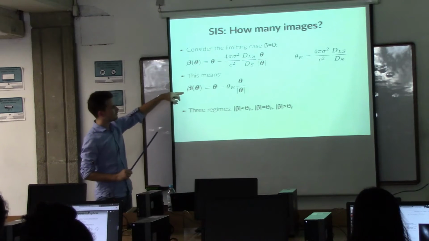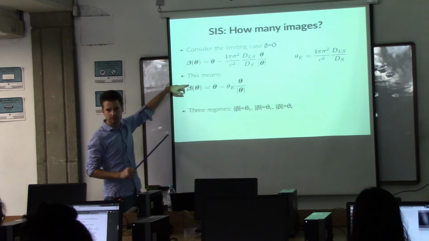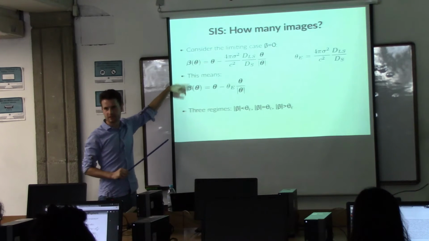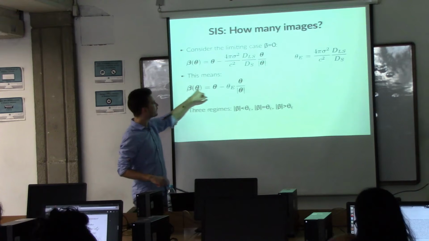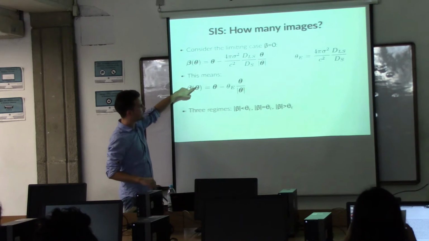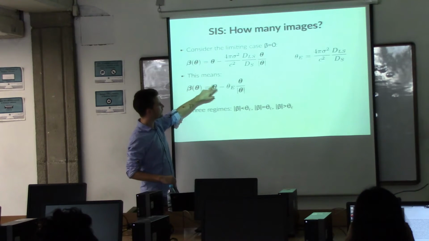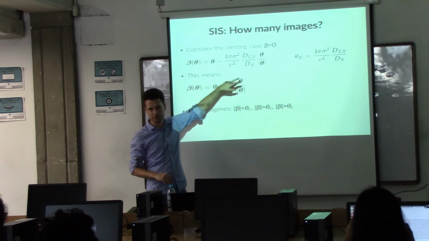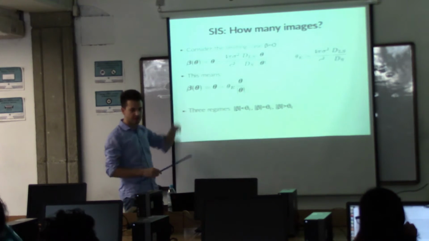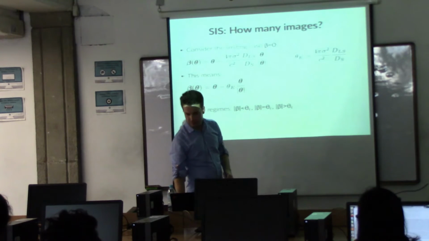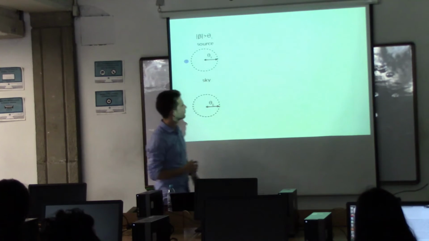If beta is much larger than the Einstein radius, if beta is equal to the Einstein radius, and if beta is smaller than the Einstein radius. And how this looks, in fact, is this.